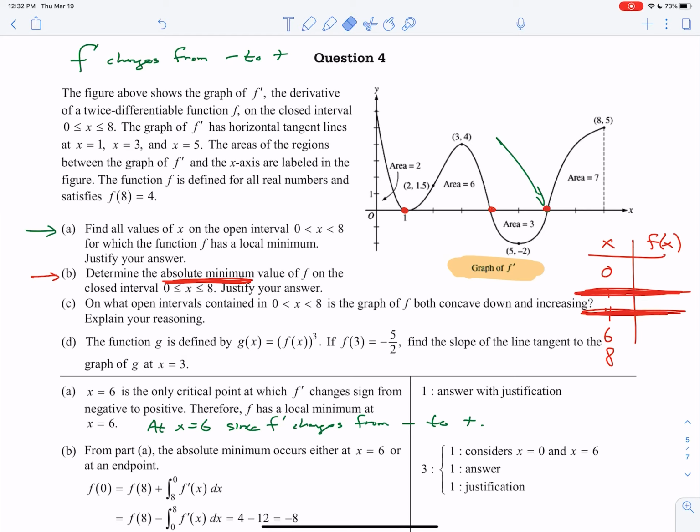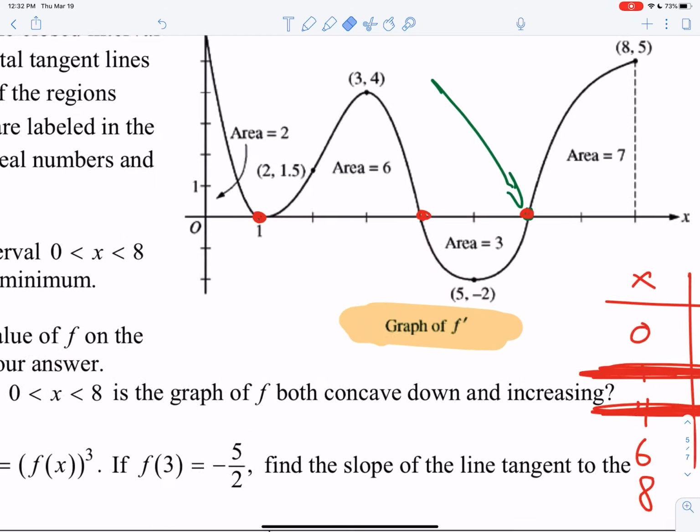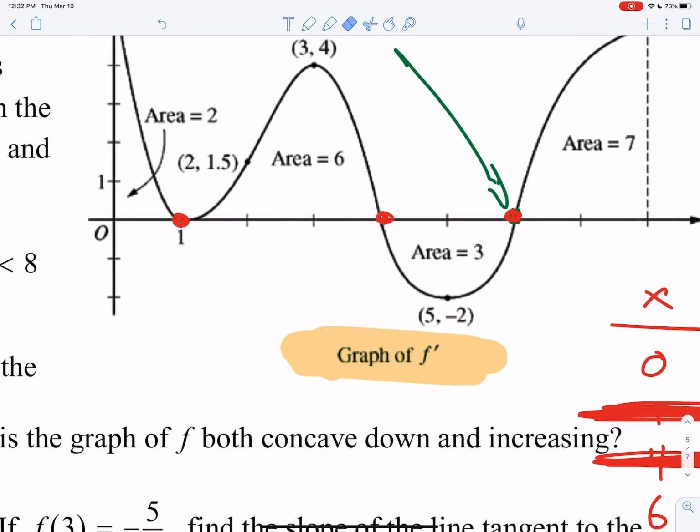We could rule out 8 as well, because if you take a look at 6, this was a local min. Let me graph this for you. I don't necessarily know what the original graph looks like, but let's just say that this is your local min right here. Afterwards, f prime is positive, implying that f is increasing.